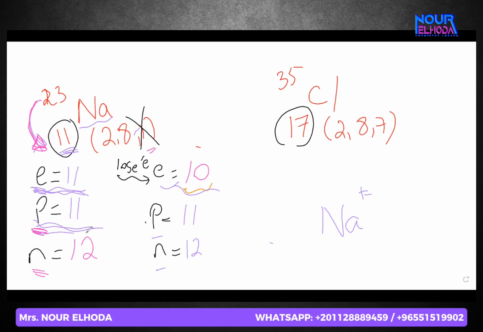But now it's different. Here I have more protons than electrons: the protons are 11 and the electrons are 10. So what should I do? Exactly. It's going to be a positive one. That's true. Bravo. So I'm going to say this ion is going to be a positive one. You see?